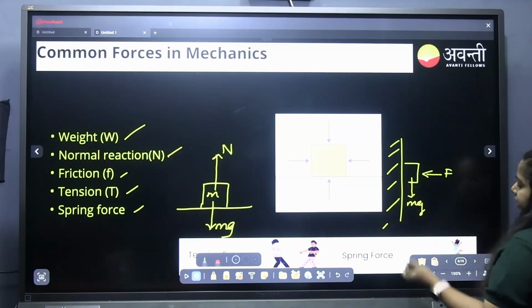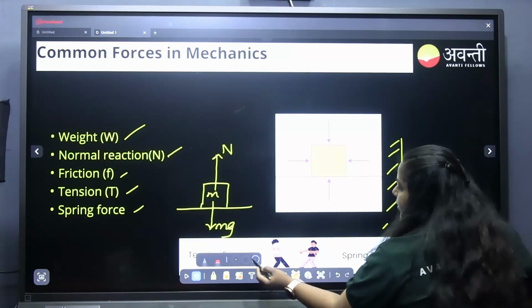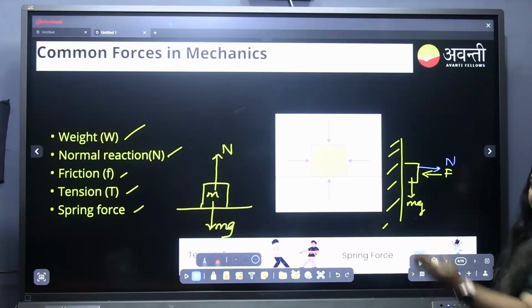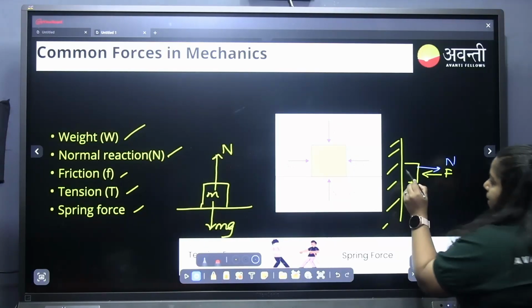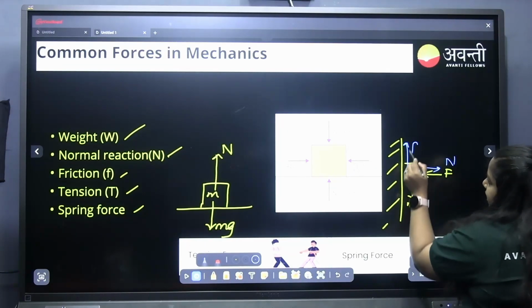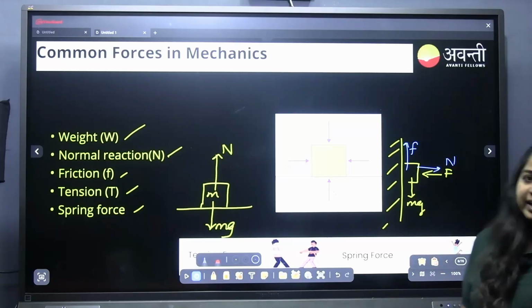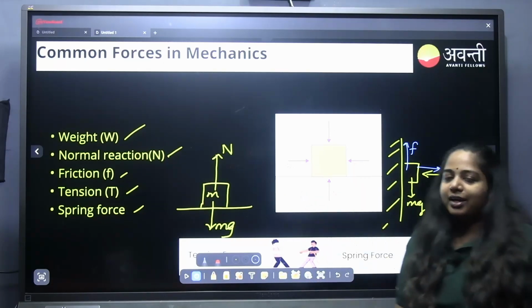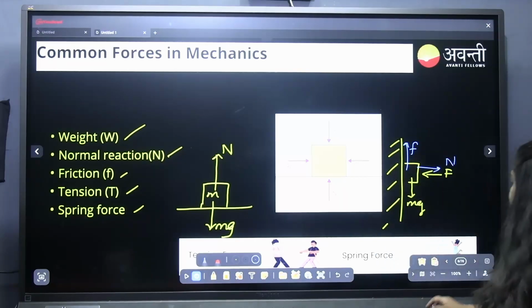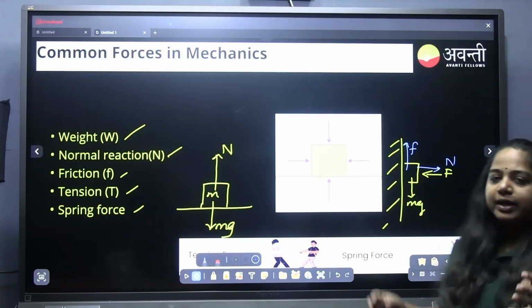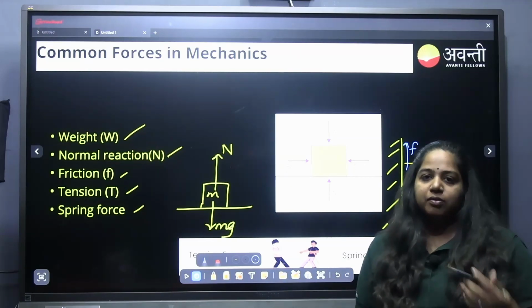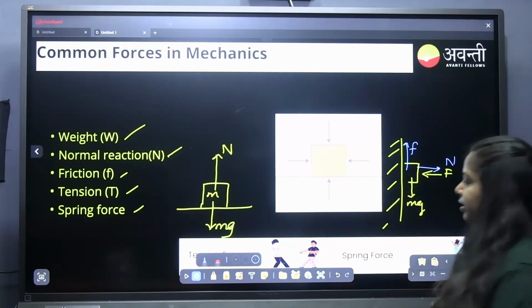The normal force cancels out F, perpendicular to the surface. Parallel to the surface, there is frictional force acting, which is cancelling out our mg. So this is the basic idea regarding all the forces. Spring force, I hope you know, in this chapter we won't be dealing with that much. Coming to SHM and all, we will discuss more about spring force.